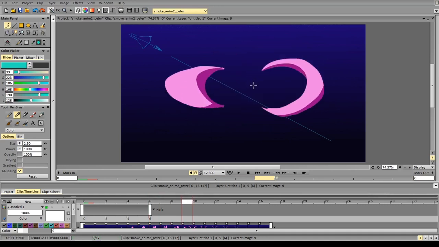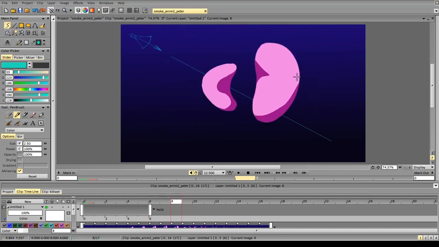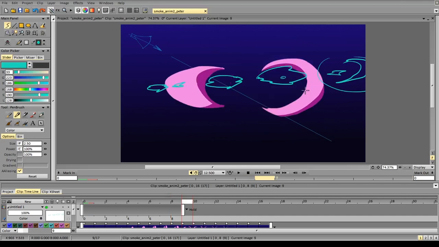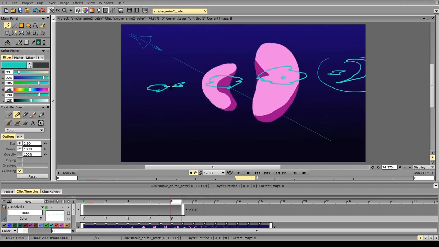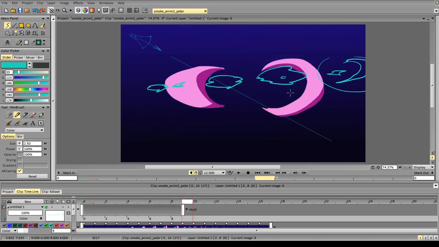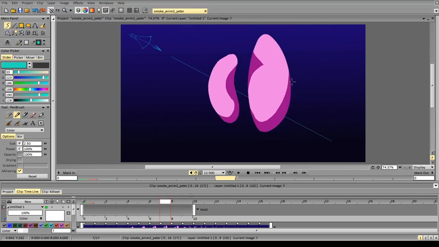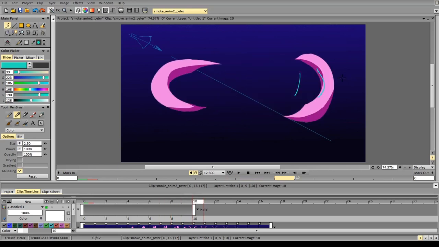So if we go from this frame, and add some kind of start, masses become bigger, and then, for example, this mass becomes something like that. So we can start with 3-4 frames like that, and then go on to this frame, and that way it will work. For now it doesn't really work like smoke at all.